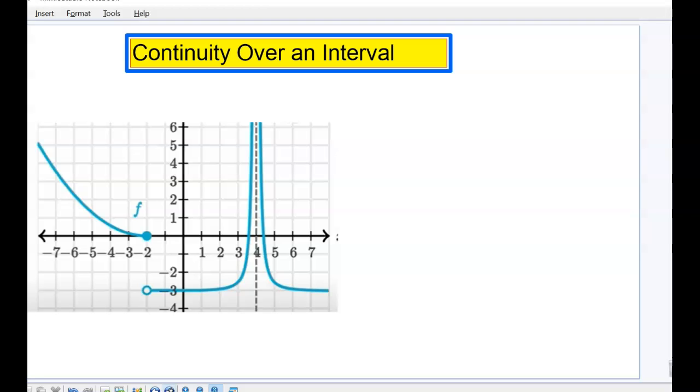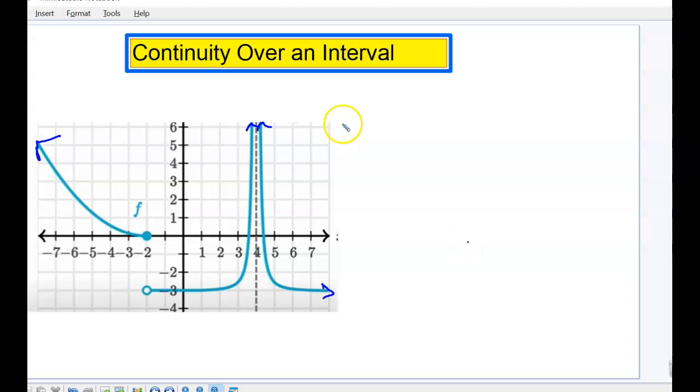Okay, sometimes a function can be continuous over a particular interval. So let's say that this graph goes on forever and ever in the negative direction. Similarly, we'll say this graph goes on there, and this one here, and this one here. So these functions would be continuous over a certain interval.